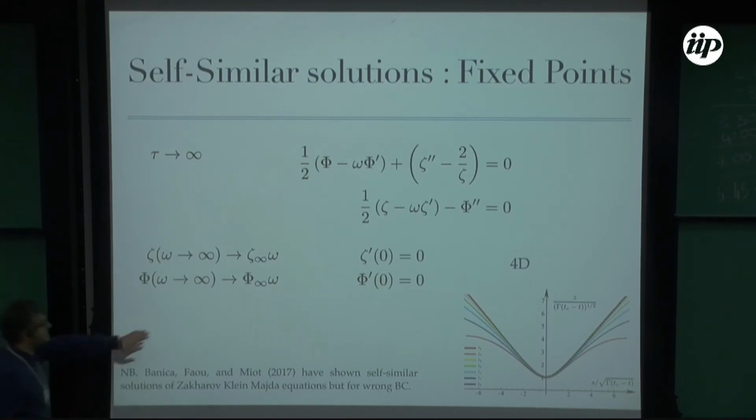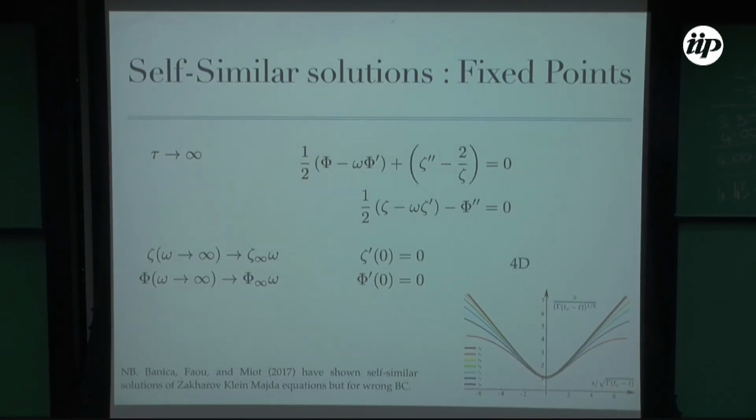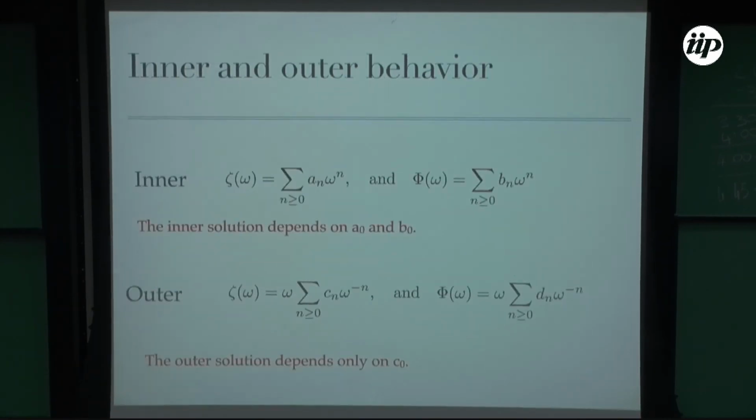Of course, this number I don't know, and this number I don't know either. Our first attempt is to try to solve this as a series. For instance, if you try an inner behavior, all the coefficients A and B depend on A naught and B naught, which is not surprising because these are second order differential equations.